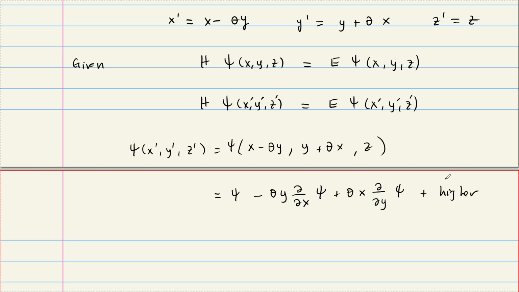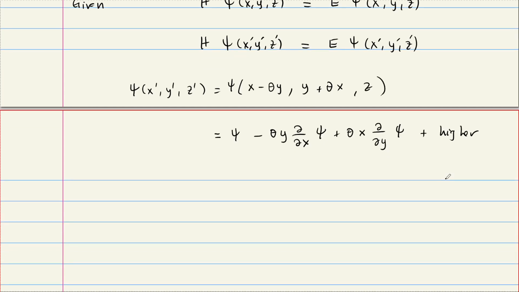And this thing, I want to use Lz to write this thing. Lz is equal to x p_y minus y p_x. And this is equal to minus i h bar times x del over del y minus y del over del x.